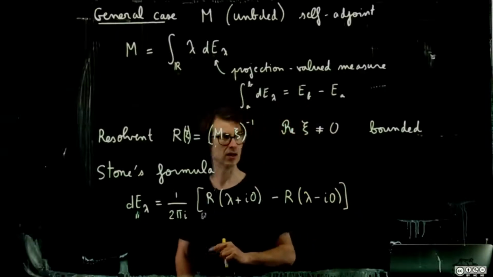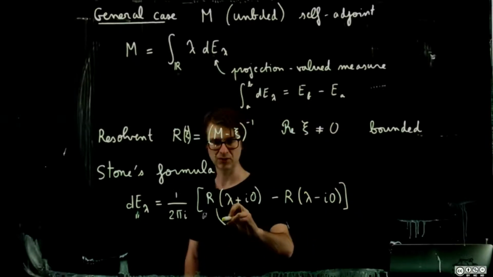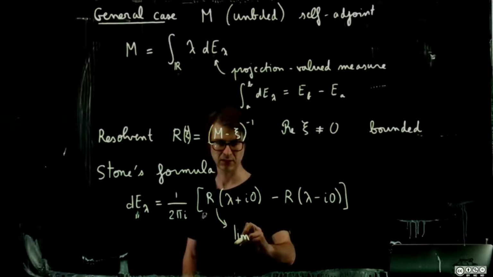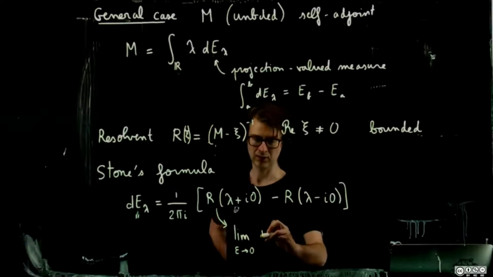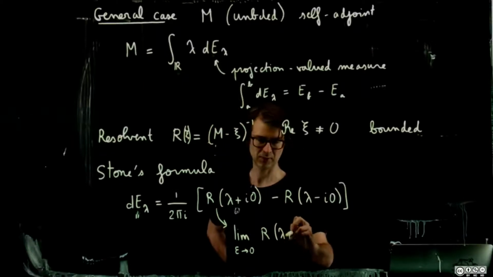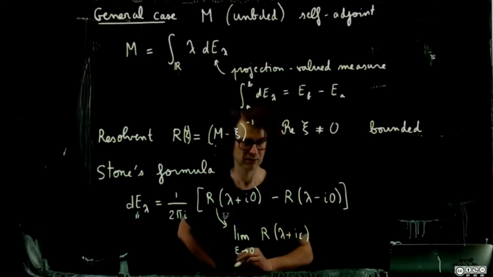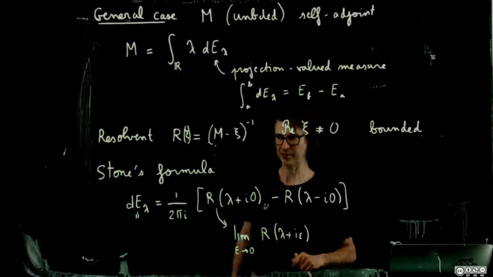And so this should be understood as the limit as epsilon goes to 0 of R of lambda plus i epsilon, and if you have minus, minus i epsilon.